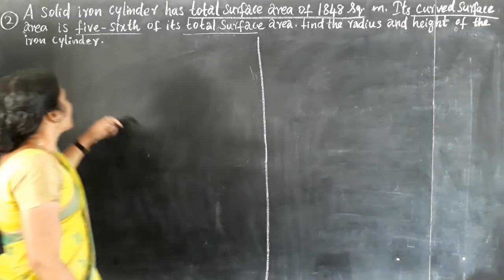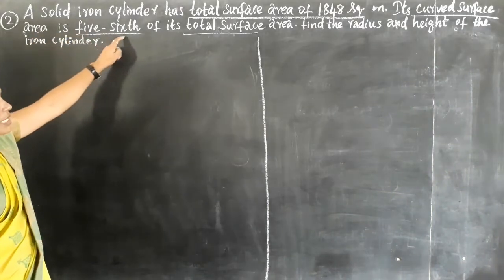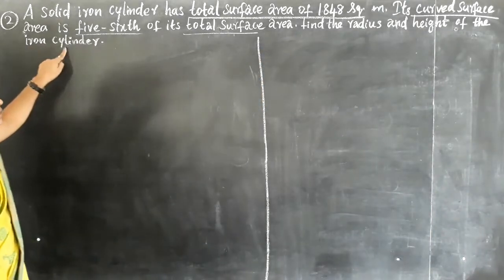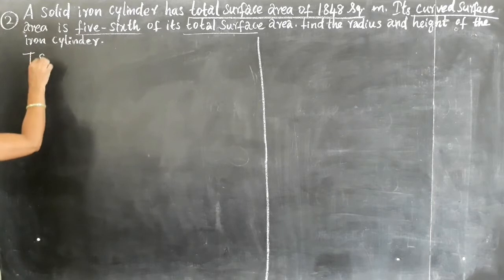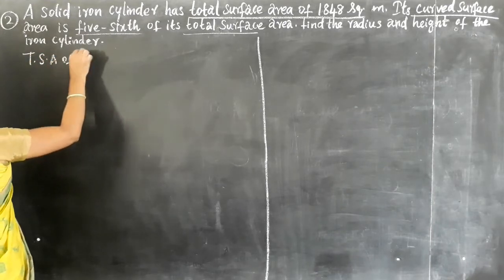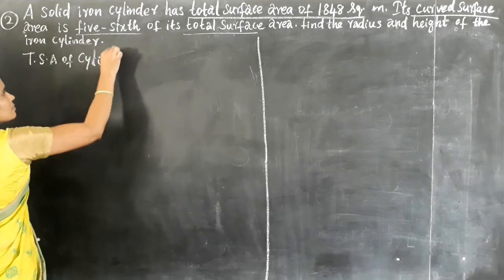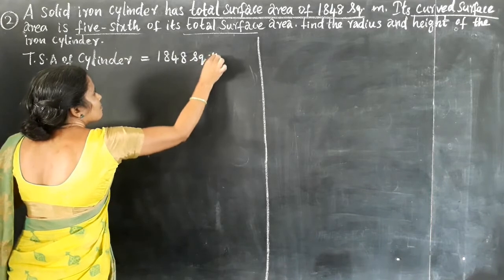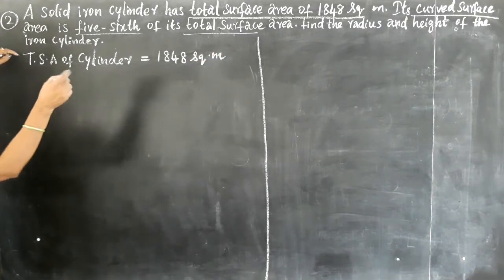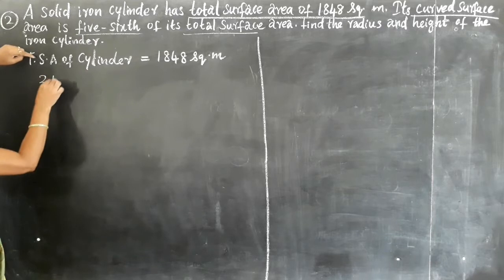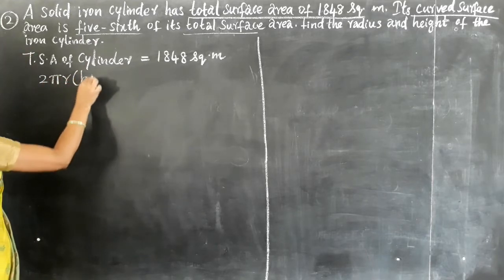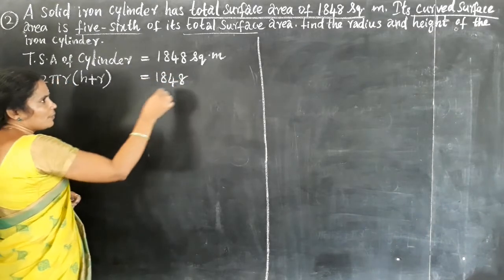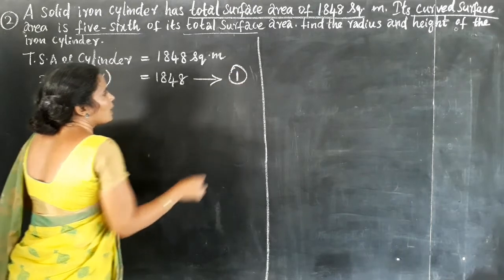Its curved surface area is 5/6 of the total surface area. Find its radius and height. The TSA of the cylinder is 2πr(h + r), which is equal to 1848. So now we can take this as equation number 1.